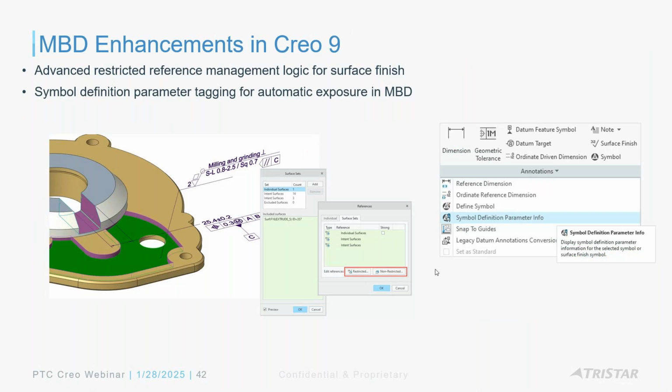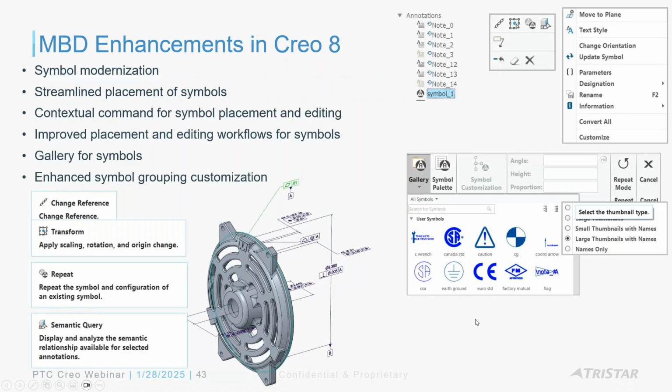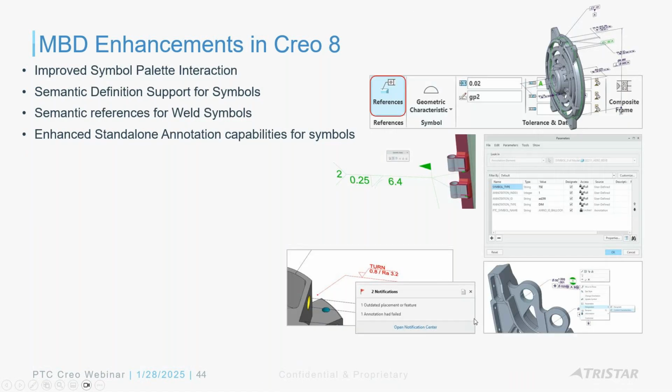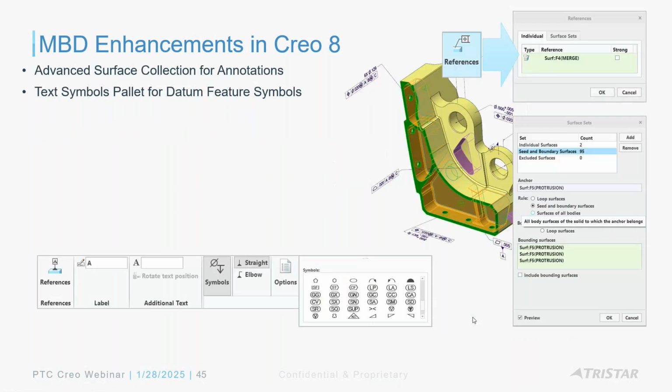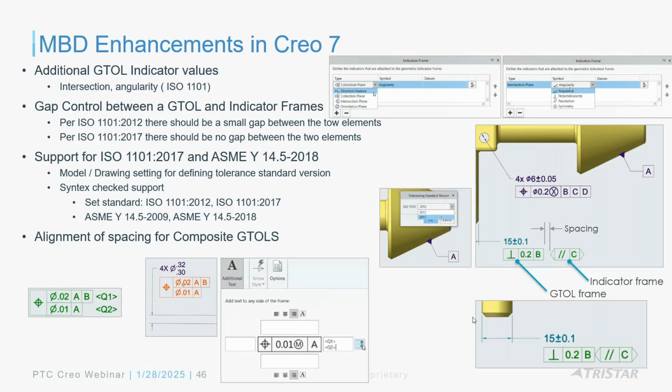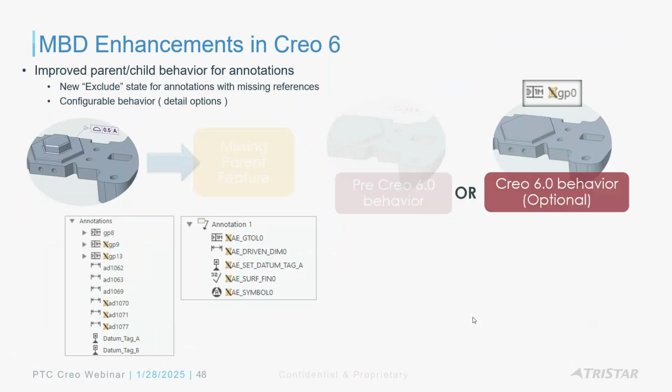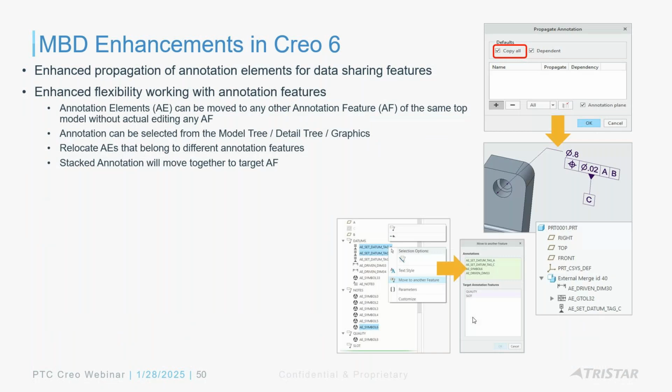So, like restricted reference management logic for a surface finish was introduced back in Creo 9. And just a quick snapshot of the focus, right? Because the industry is adopting it, obviously. And so just to give you a quick snapshot of the enhancements that PTC has been doing in every release of Creo.